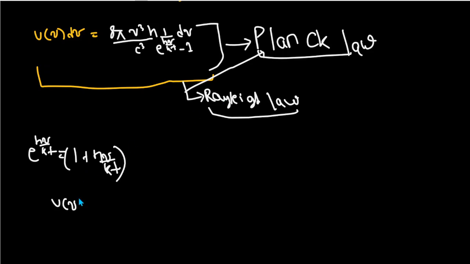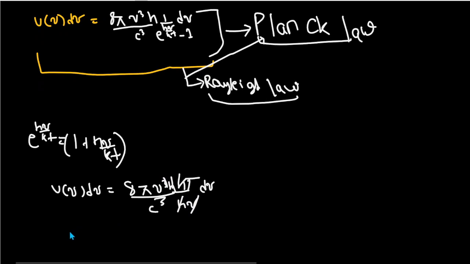Now the Rayleigh-Jeans law can be derived as U nu d nu equals 8 pi nu cubed h by c cubed. Here, if I put in the value, the 1 and the negative 1 will cancel out. In the denominator you have h nu, and in the expression you have kT, d nu. The h and h will cancel out, and one nu will cancel out.